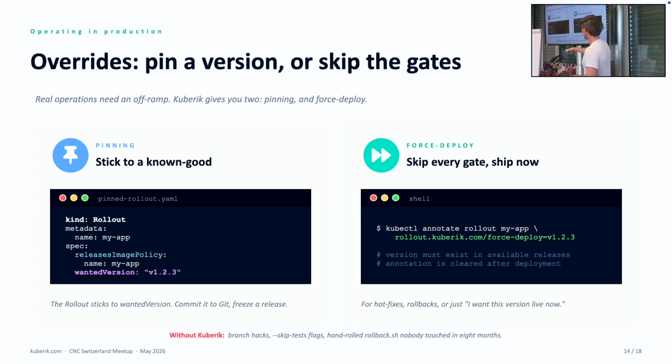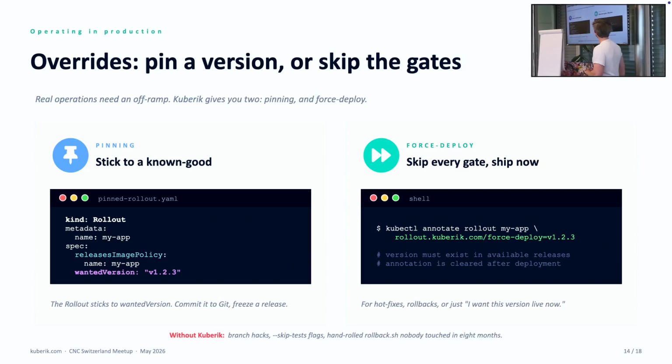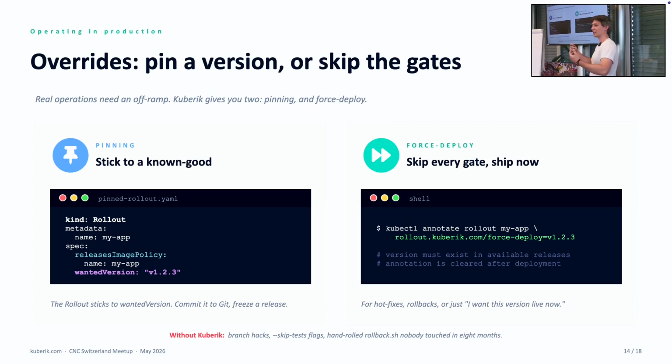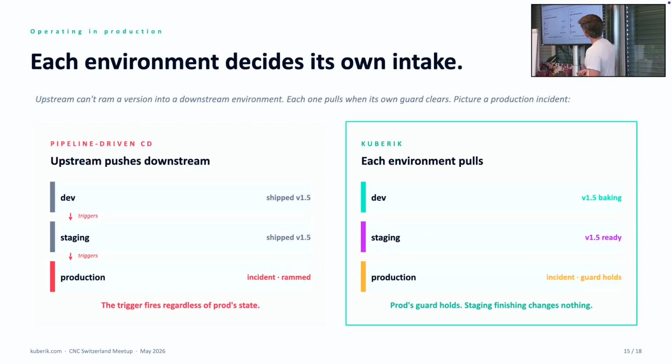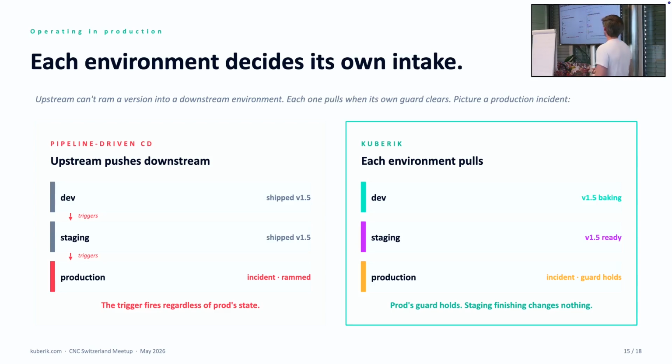You can pin a version by specifying wanted version, or you can just force upgrade to a newer version if you want something to go faster. For example, a hotfix that's not yet been verified in staging. And this is another example of what happens in a production environment, right?